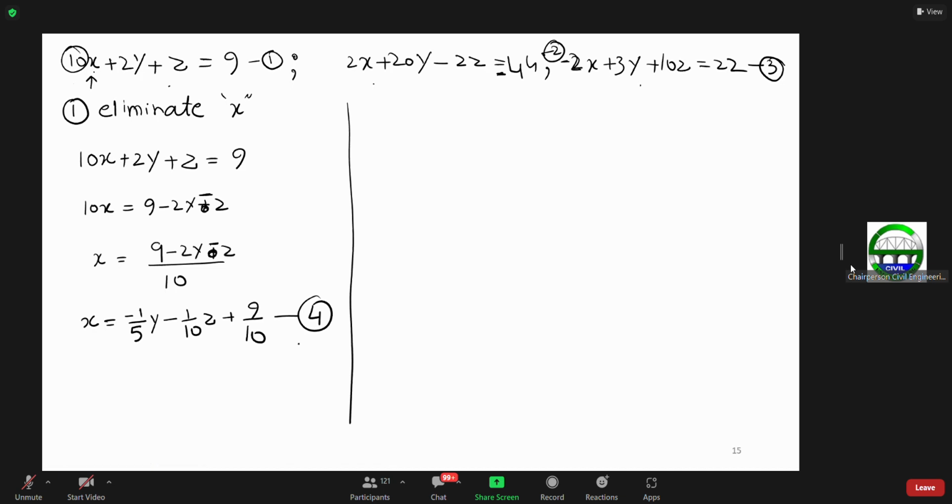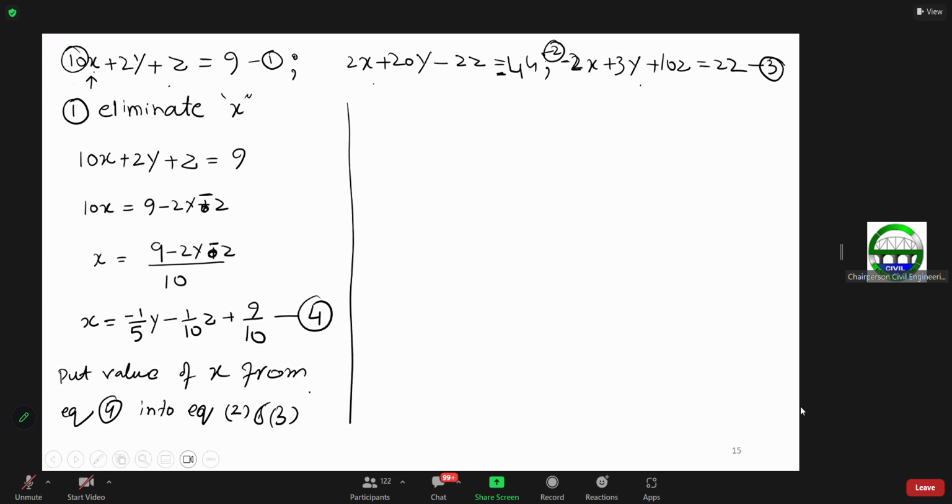Now this equation number 4, I will put the value of x from equation number 4 into equation 2 and 3 one by one.